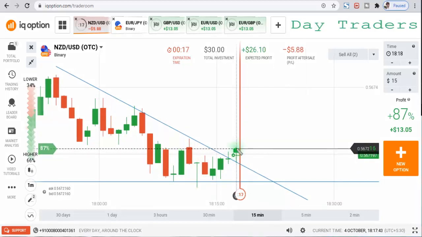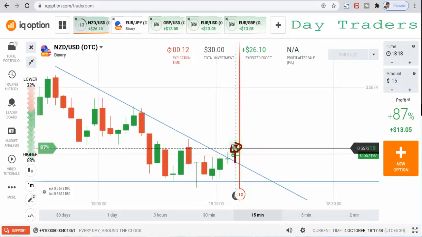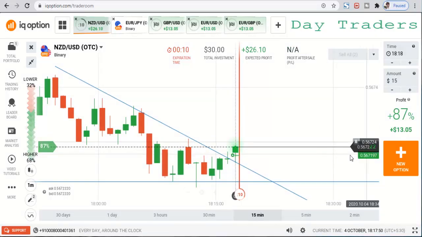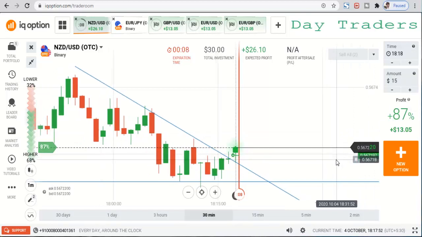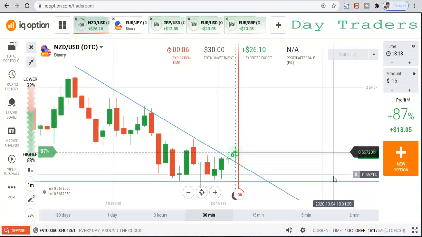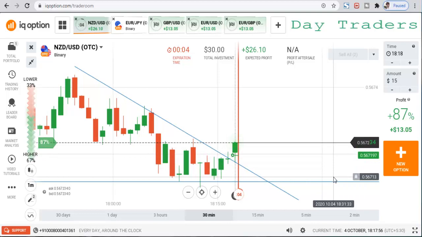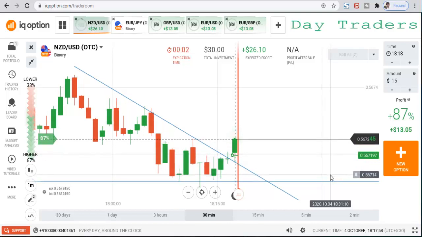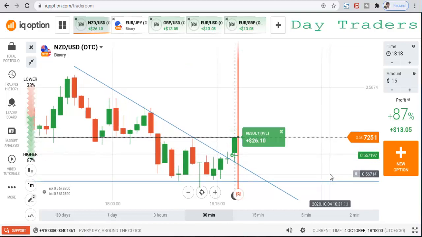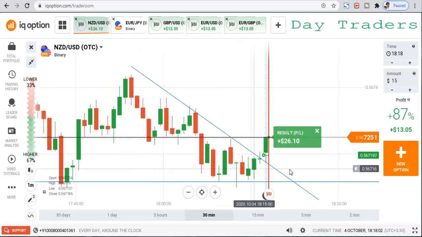You can see this candle exactly touches the resistance level after making a bullish candle. Okay, we have 5 seconds. Okay, this is also a winning trade.